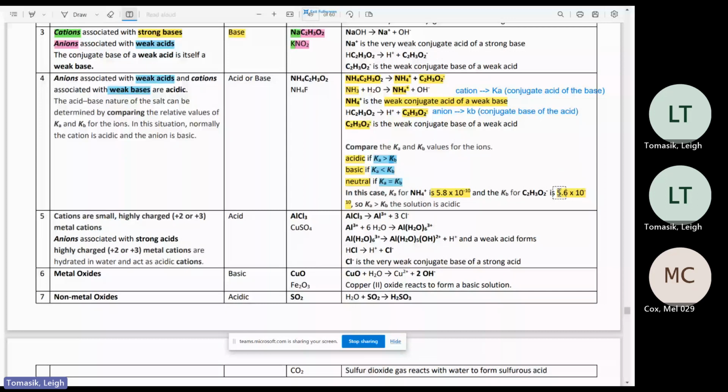When you're comparing numbers that are in scientific notation, this is how you do it. First, you're going to look at the exponent.